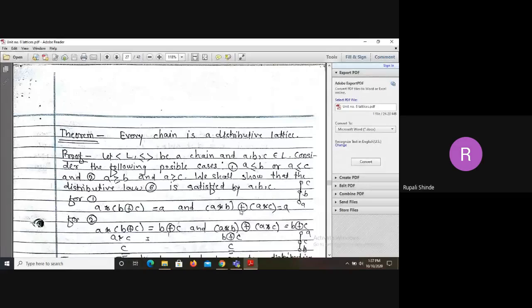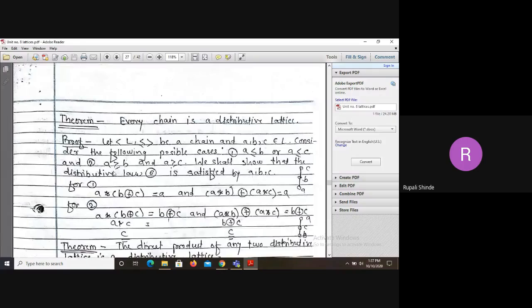So we can say that for this first condition it is satisfying the distributive property. Now check for the second case.